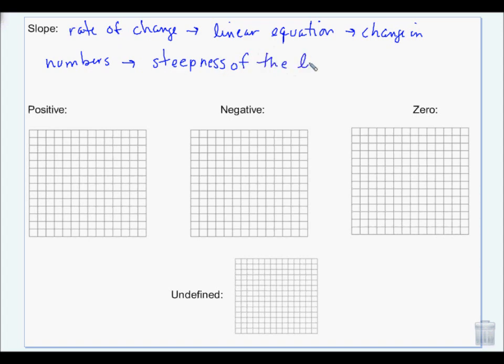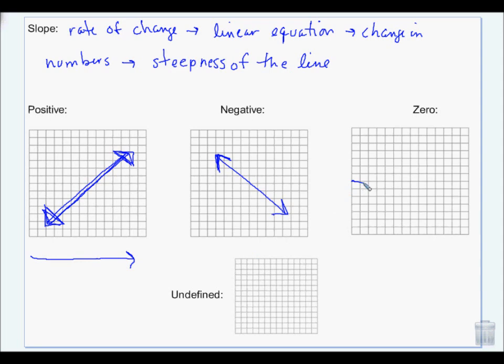Okay. A positive slope, as you move, we always move the same way we would read a book. So we always move from left to right. So as you move from left to right, a positive slope is going to move up. Going from left to right, a negative slope is going to move down.